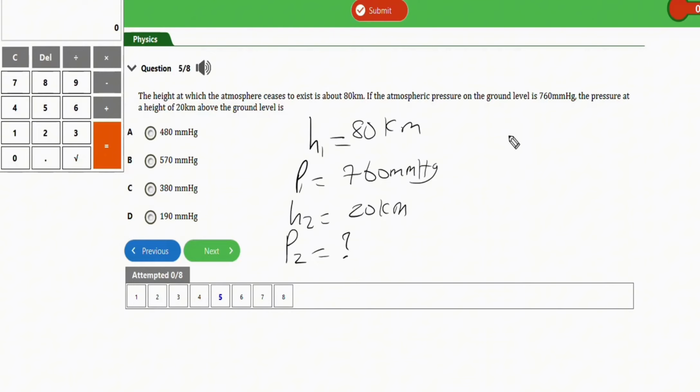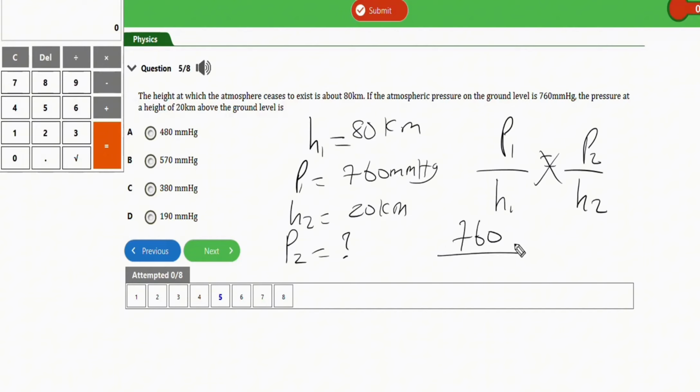To get P2, just apply this formula: P1 over H1 equals P2 over H2. So we have 760 over 80 equals P2 over 20.